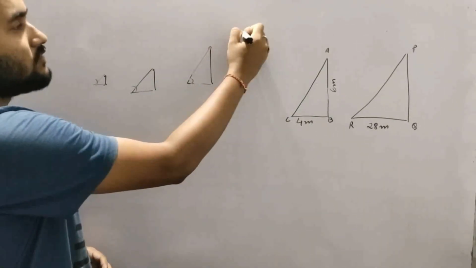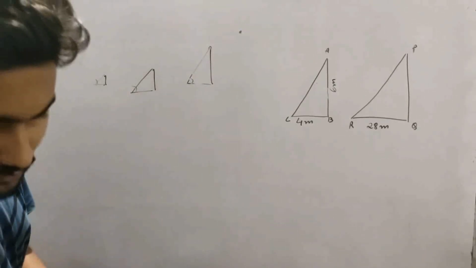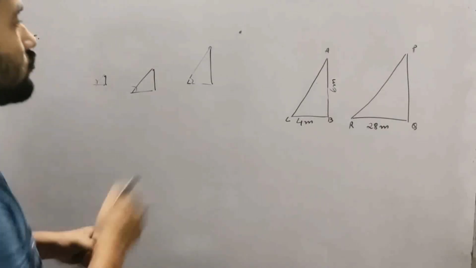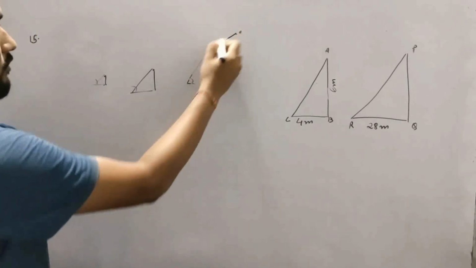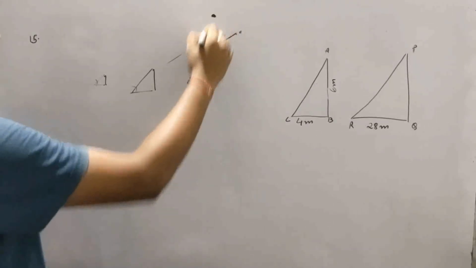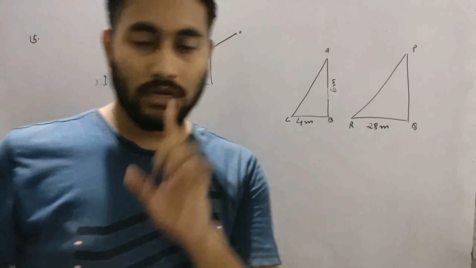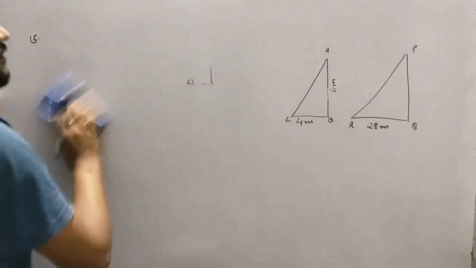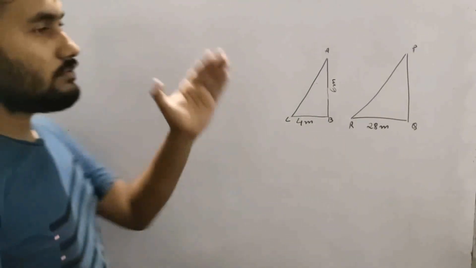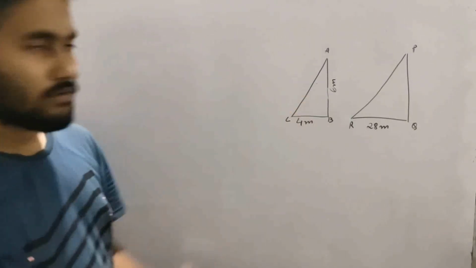If the position of the sun changes, then the angle will also change. So at a particular time, that angle will always remain the same. We will get this in our Heights and Distances chapter, known as the angle of elevation. Over here we have to apply that one.